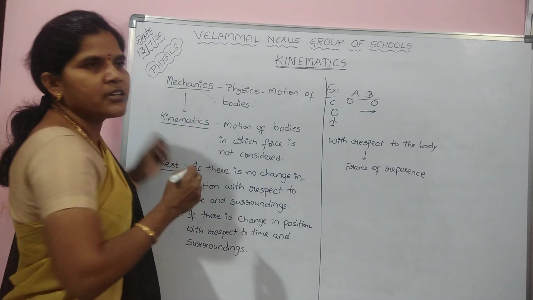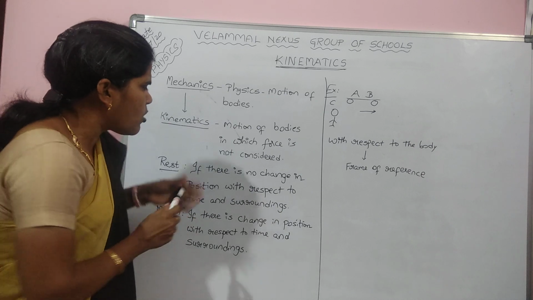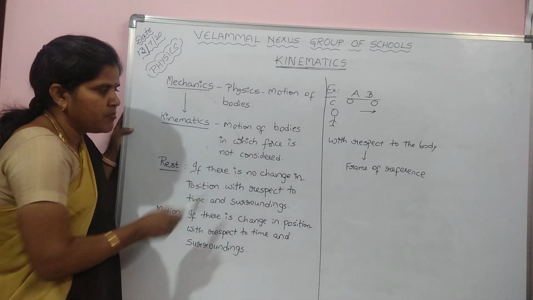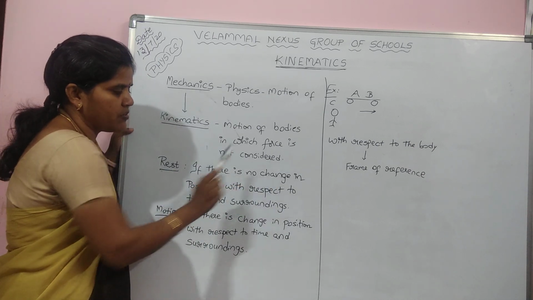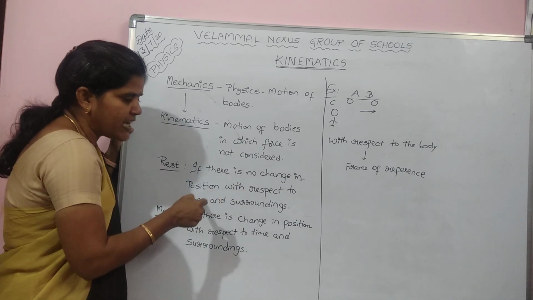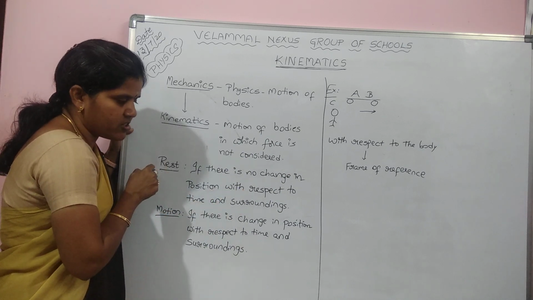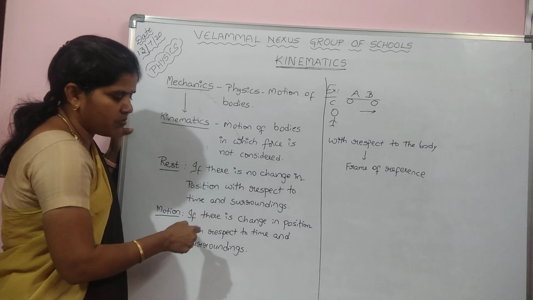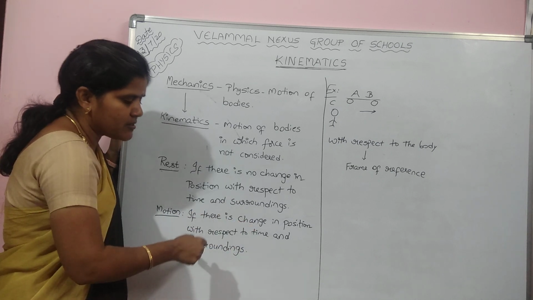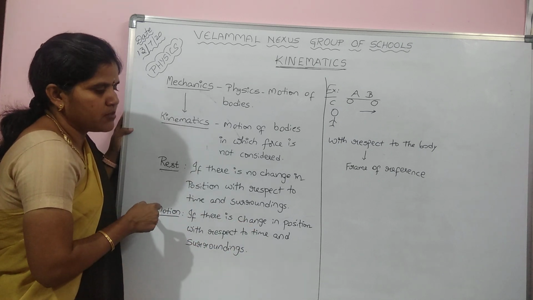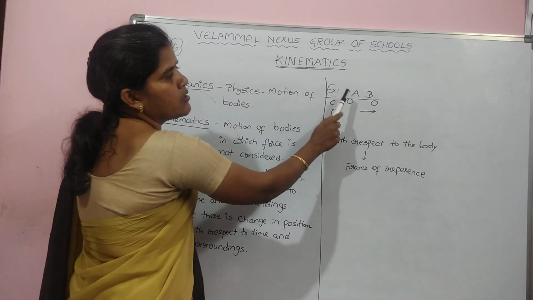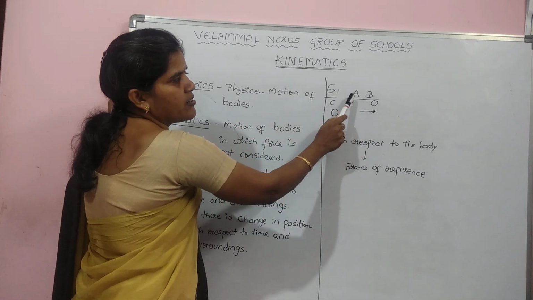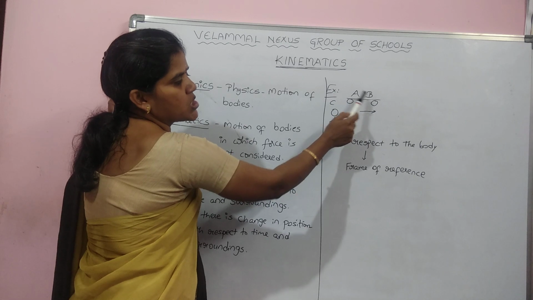Is it clear, children? I will repeat once again. This already we have learned in CBSE. If there is no change in the position of the body with respect to time and surroundings, then it is rest. If there is change in the position of the body with respect to time and surroundings, then it is motion. Here, A and B are in rest positions with respect to each other.